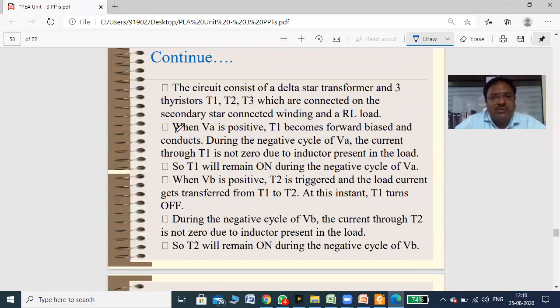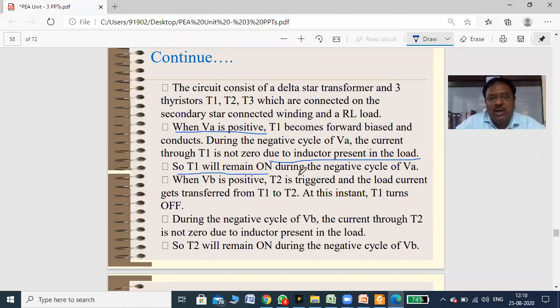See, this is the working actually. When VA is positive, T1 becomes forward biased and conducts. During the negative half cycle of VA, the current through T1 is not zero due to the inductor, right? So the inductor continuously delivers the stored energy through the same SCR. So the SCR may be continuously conducting in the negative cycle.